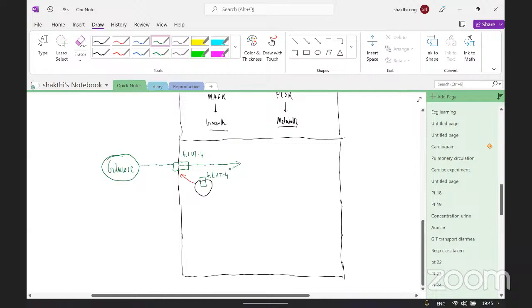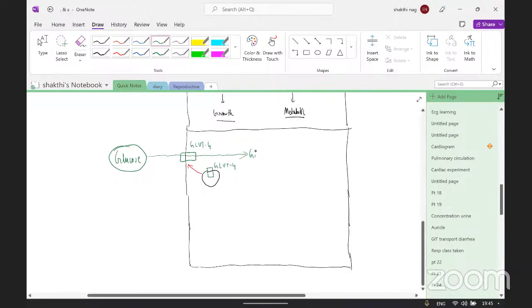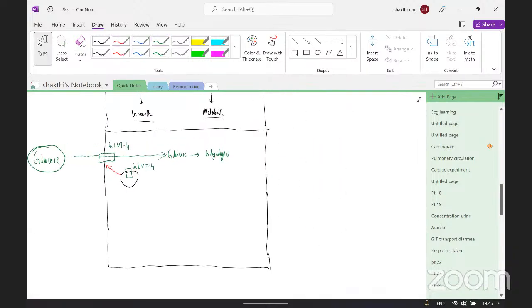Now, once glucose comes inside, again, that glucose should be utilized for your glycolysis. That is also done by your insulin. Okay, so two things this insulin does. One, by producing and putting more GLUT4 onto the membrane, your glucose uptake into peripheral cells is increased.